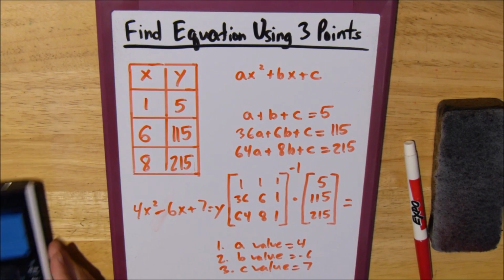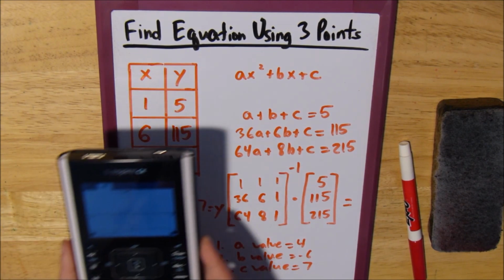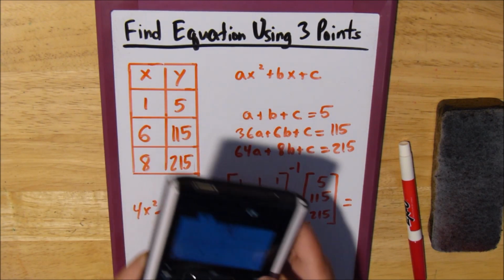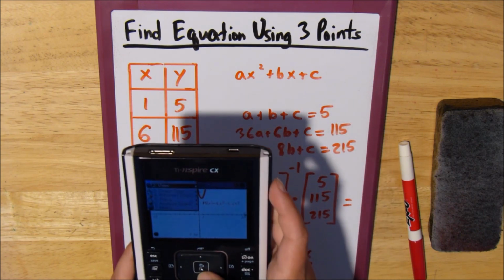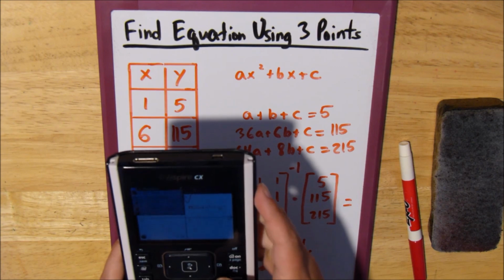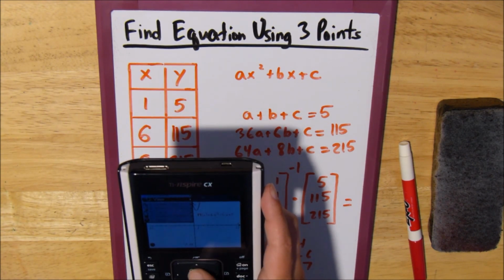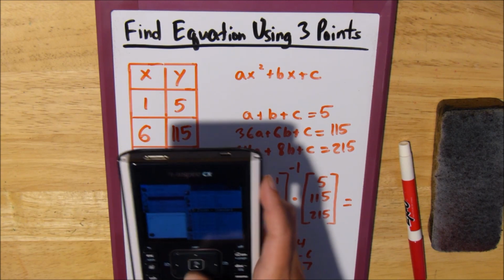So now let's graph that. 4x squared minus 6x plus 7. Alright, so the graph is moved up some units, but it's not 7. Let's go to view, window zoom and fit.